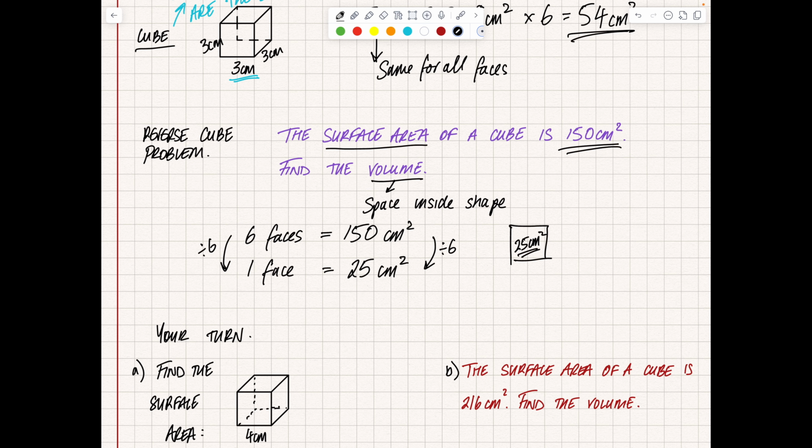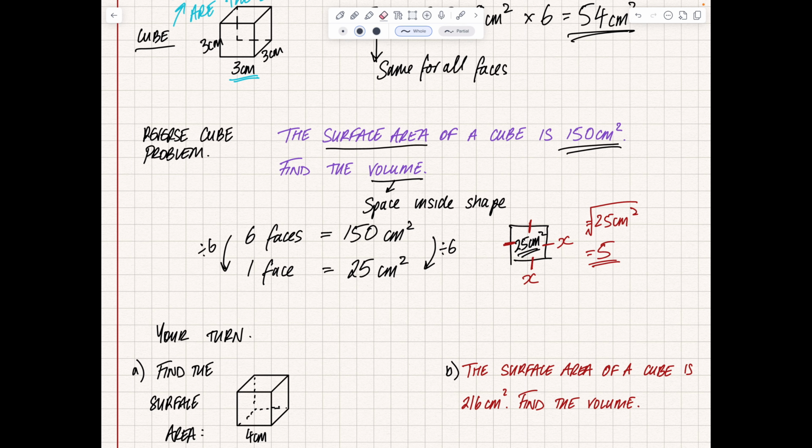Well, if the area of that is 25 centimeters squared, and I know that this side is the same as this side, is the same as this side, is the same as this side, I'm saying that bit times that bit will equal 25 centimeters squared. Well, the number has to be the same, so effectively what you're doing is taking the square root of 25, which is 5.